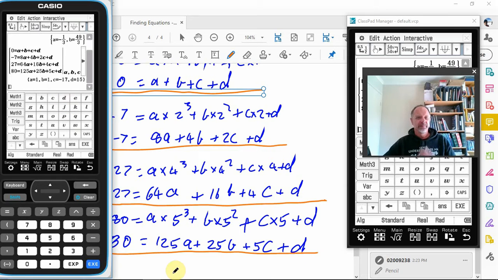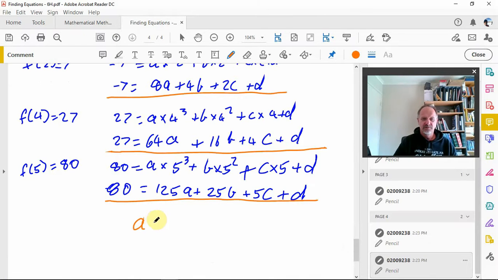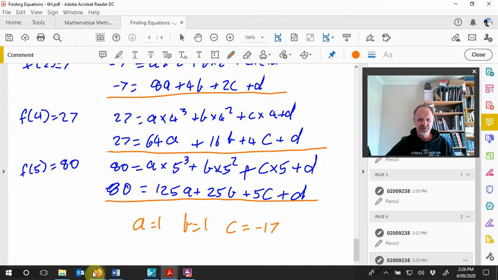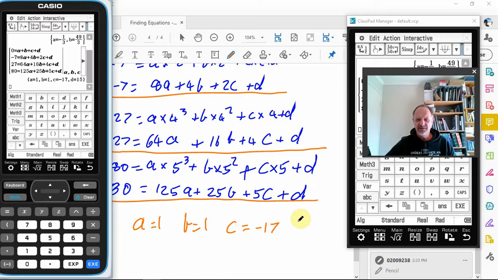EXE, bingo, there we go. 1, 1, -17, and 15. All right, so A equals 1, B equals 1, C was -17, I think. Let's just zip back here. Yep, and D's 15.